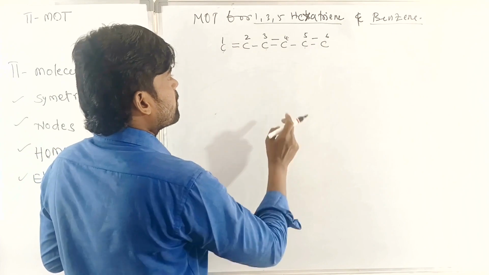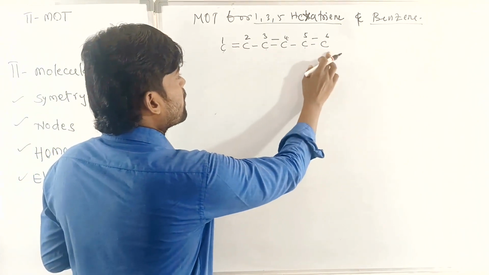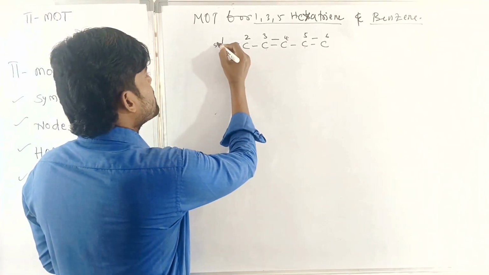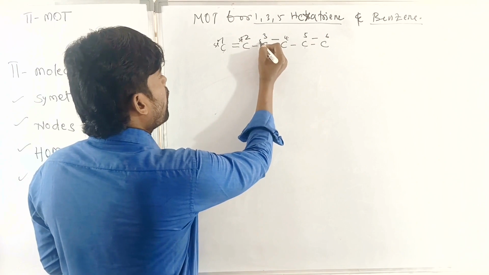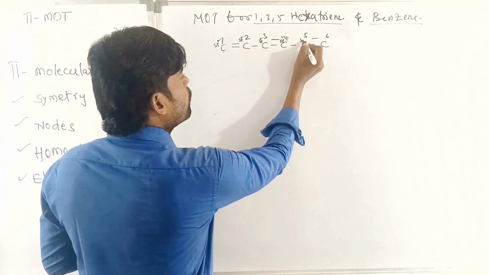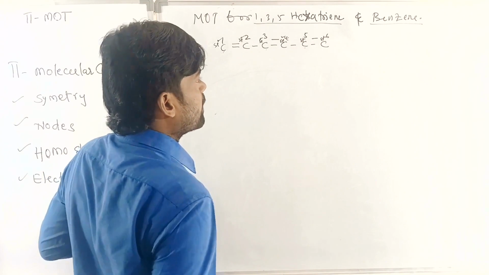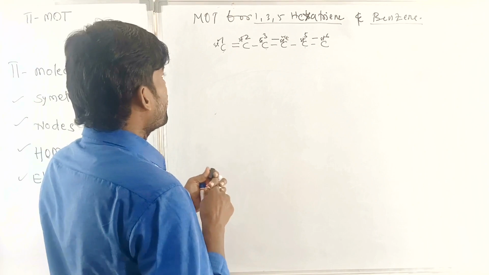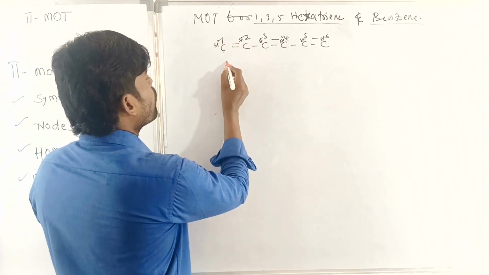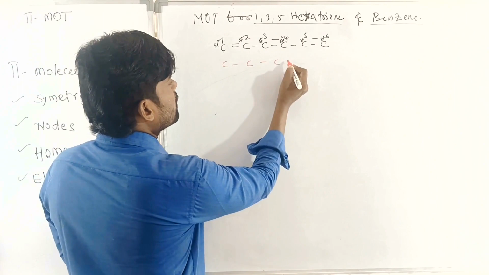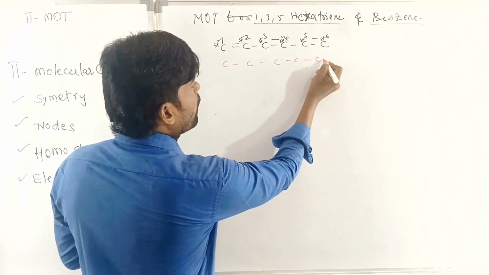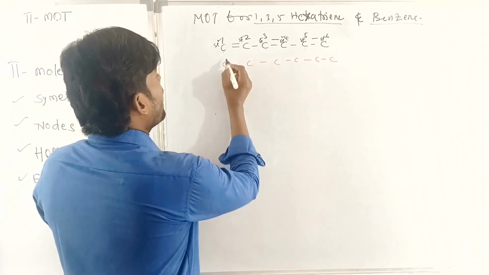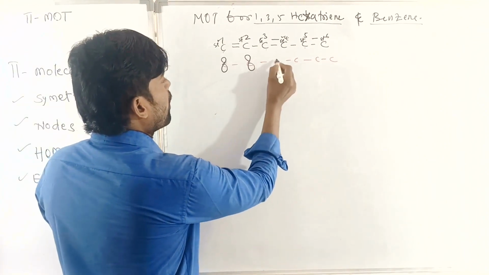3 double bonds are there. It means these 6 carbon atoms in this structure are in sp2 hybridization. All carbons are in sp2 hybridization, which means each and every carbon has a pi bond. 1, 2, 3, 4, 5, 6 all have one unhybridized p orbital.